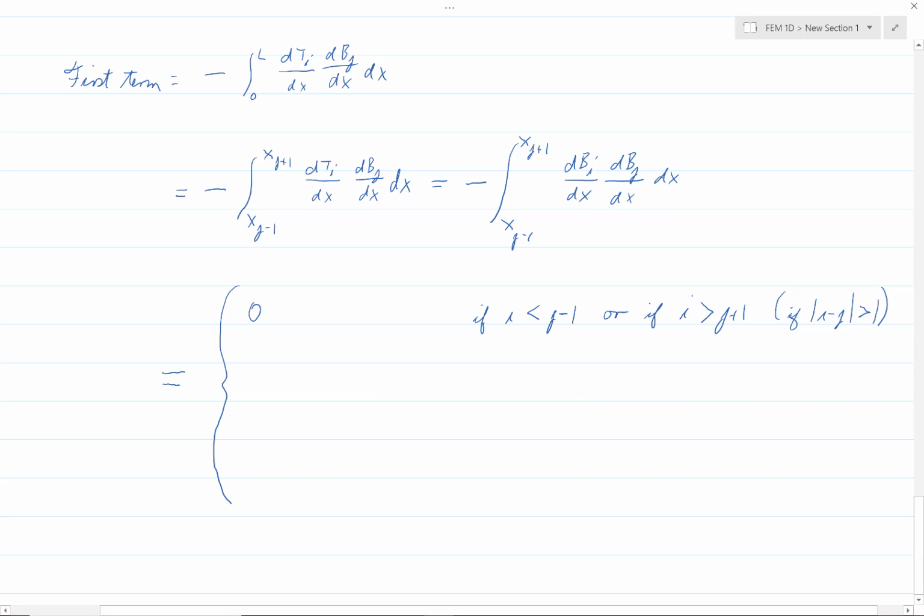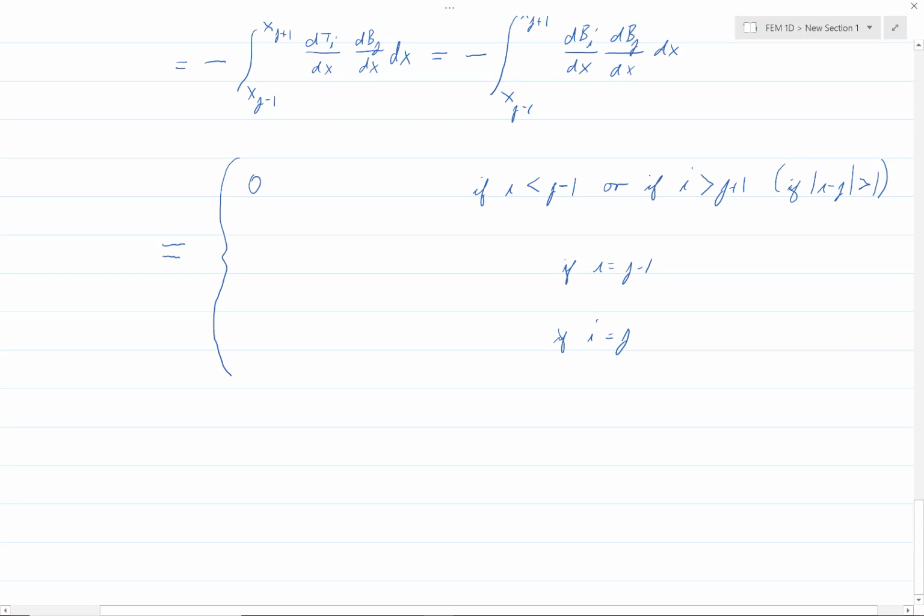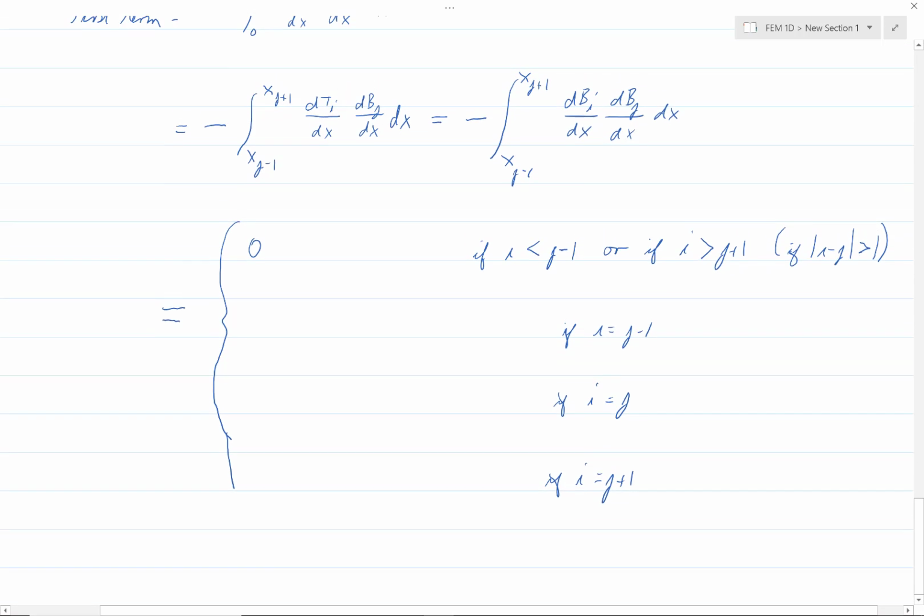So now, let's ask ourselves, what do we have if i is equal to j minus 1? And what do we have if i equals j? And finally, what do we have if i equals j plus 1? And that will cover all of the possibilities.